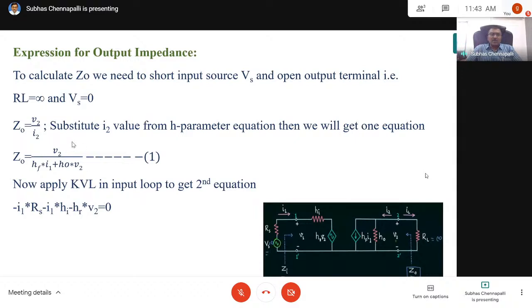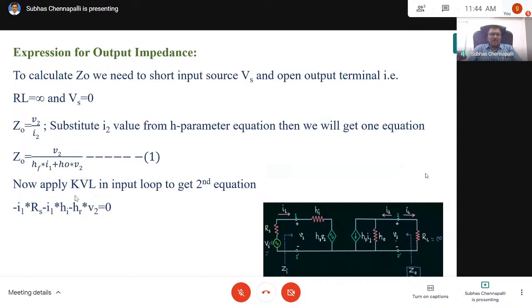Then Z0 is V2 by I2, and the I2 equation is written here. I2 equals hf I1 plus ho V2, the voltage across this.